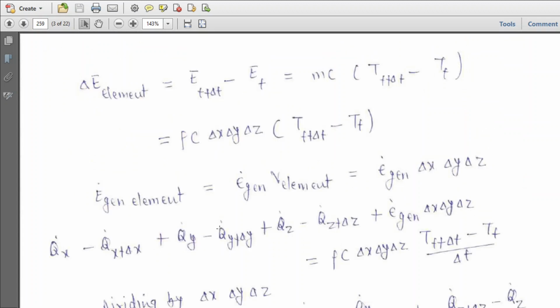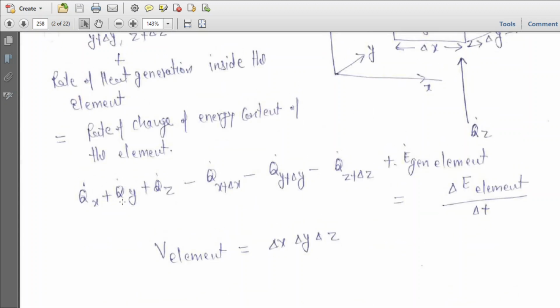Substituting all of them, you get q dot x plus q dot y plus q dot z minus q dot x plus delta x minus q dot y plus delta y minus q dot z plus delta z, plus E dot generation within the element, equals delta E element upon delta t. The volume of the element is given by delta x, delta y, delta z.